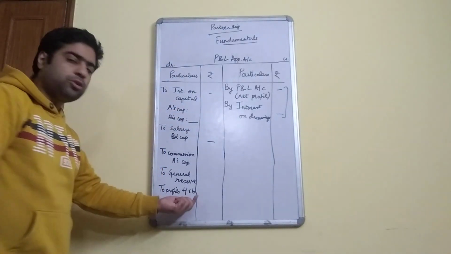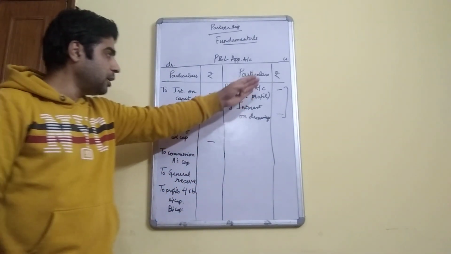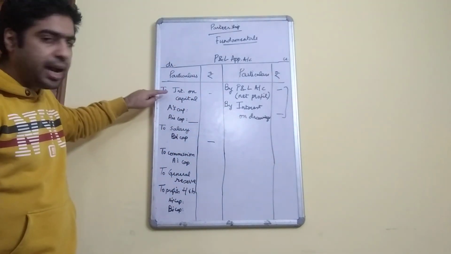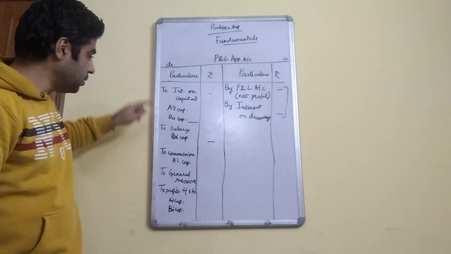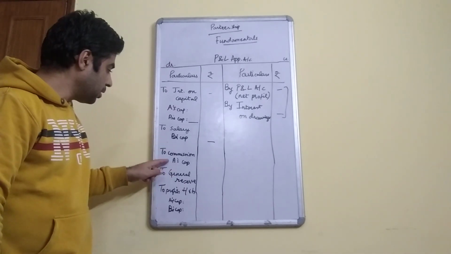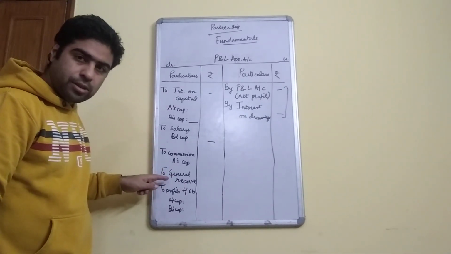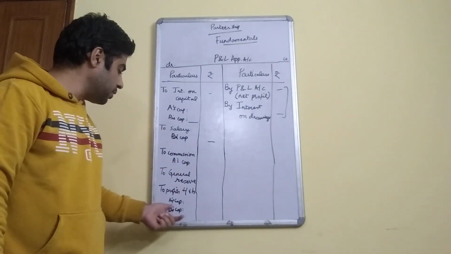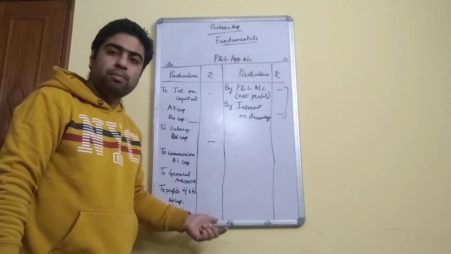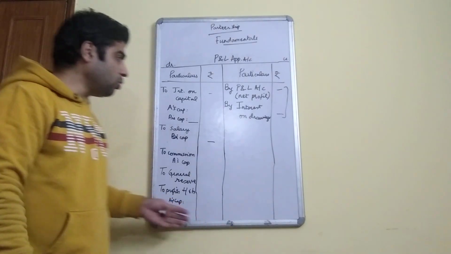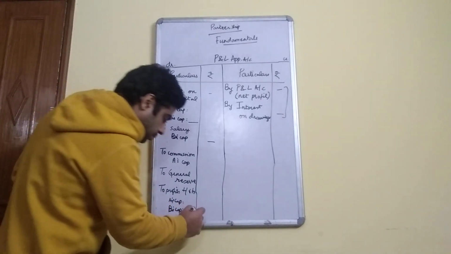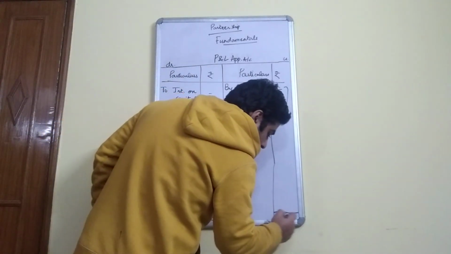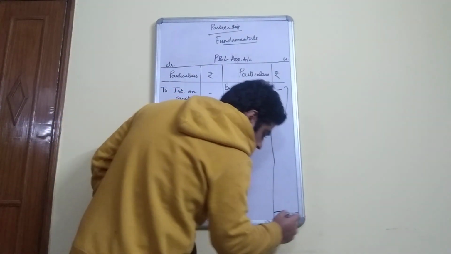Whatever the remaining profits are, those profits are transferred to the partners. In a nutshell, this is the whole thing about the profit and loss appropriation account.